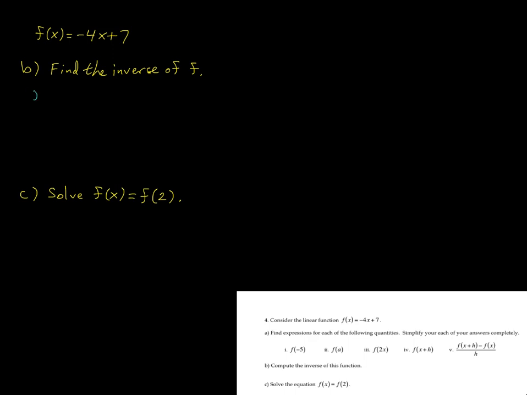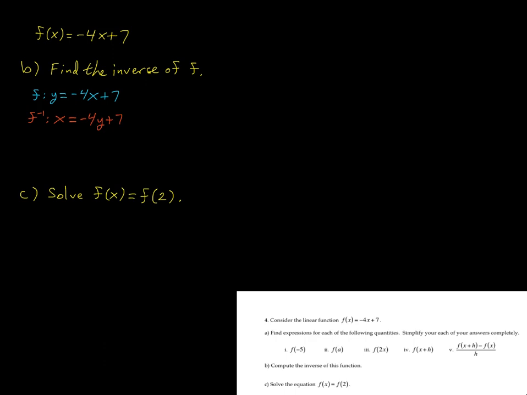For the function f, the relationship between inputs and outputs is y equals minus 4x plus 7. For the inverse, we're going to swap inputs and outputs. In other words, just swap x and y. And then we're going to solve this equation for y.